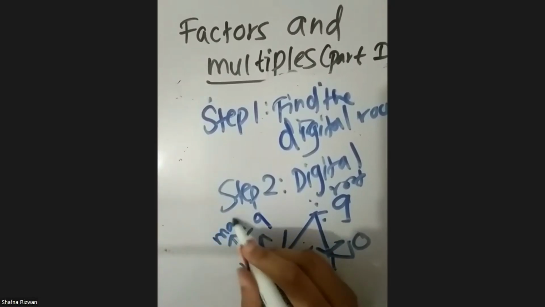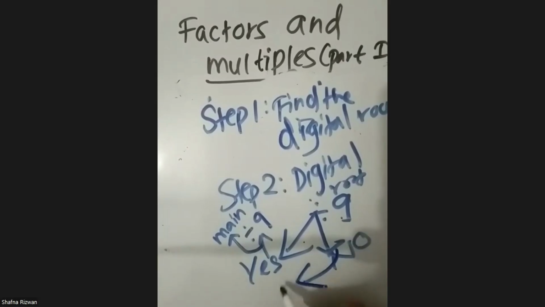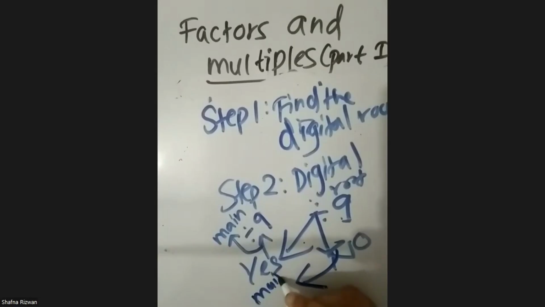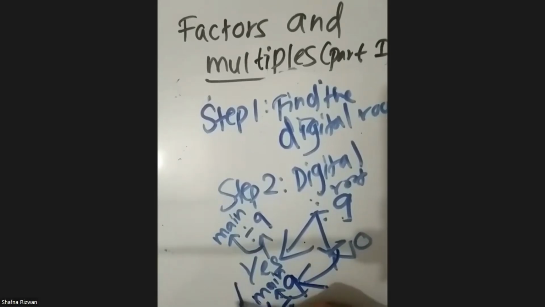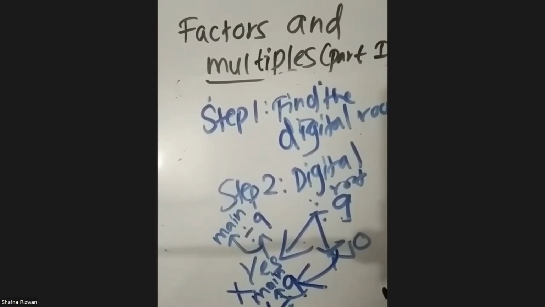If the answer is no, that means this digital root is not divisible by 9, so your main number is automatically not divisible by 9. Did you all understand how to find whether the number is divisible by 9 or not? Yes?